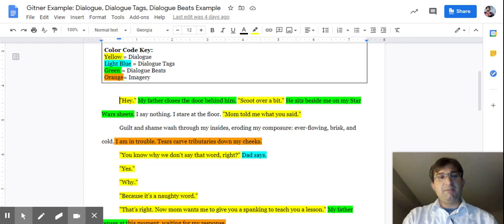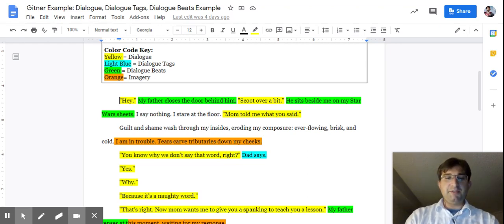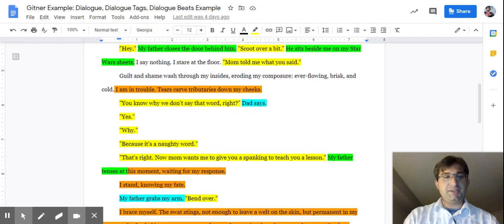Hey, my father closes the door behind him. "Scoot over a bit." He sits beside me on my Star Wars sheets. I say nothing. I stare at the floor. "Mom told me what you said." Guilt and shame washed through my insides, eroding my composure, ever flowing, brisk and cold. I am in trouble. Tears carve tributaries down my cheeks.